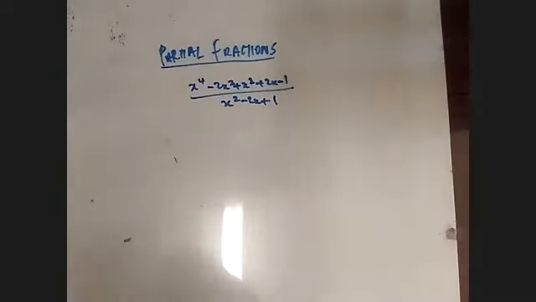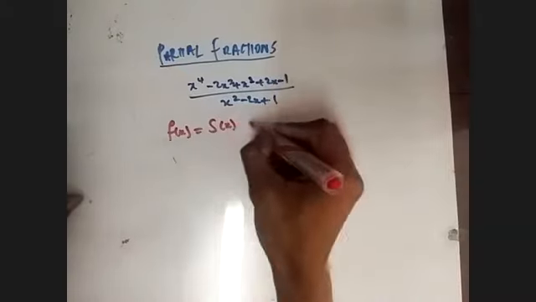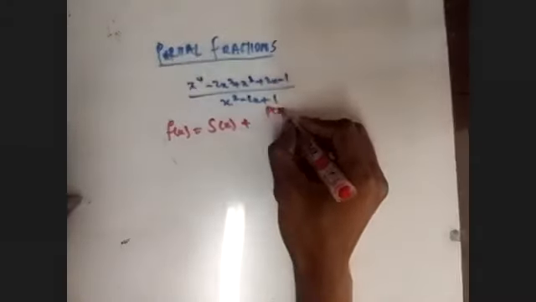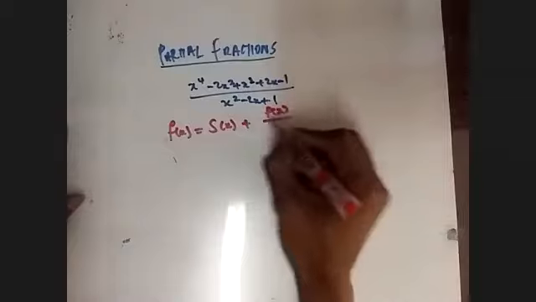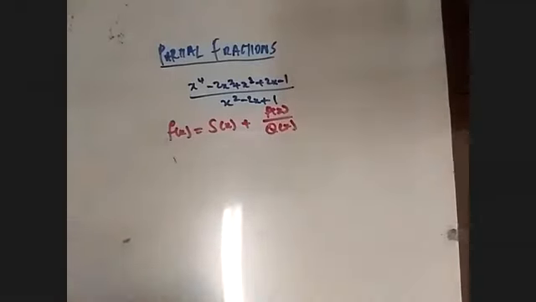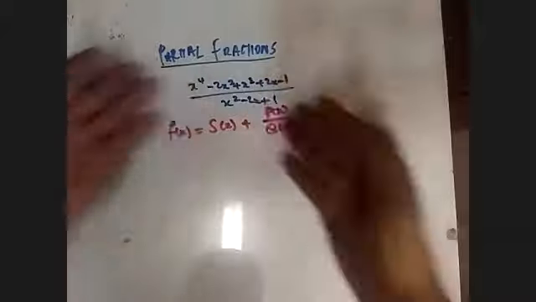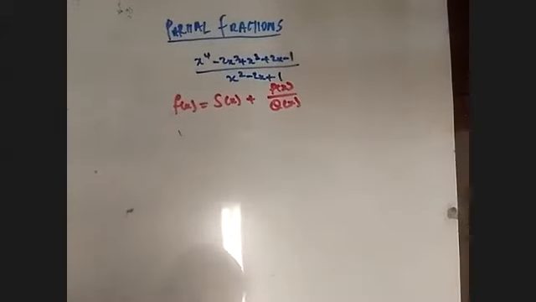Long division, okay? And then the outcome that we are going to have, f of x, is going to be written in the form s of x plus p of x, which is the remainder, all over the quotient. So, guys, when you're given something like this, it's important for you to check. Now, let us use long division.